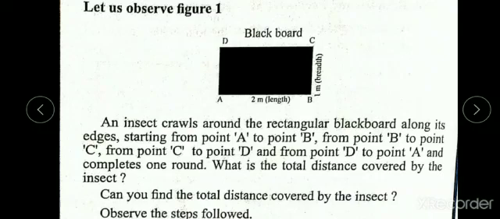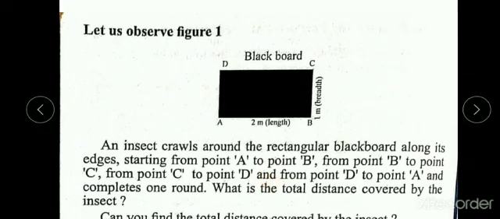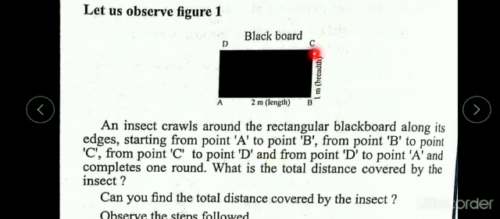Let us think an insect is passing along the lines AB, BC, CD and DA. It starts from A and moves to B, and from B it moves to C, and from C it moves to D, and from D it again comes to A and then stops. My question is, can you find the total distance covered by the insect? That is, this distance what you are seeing.